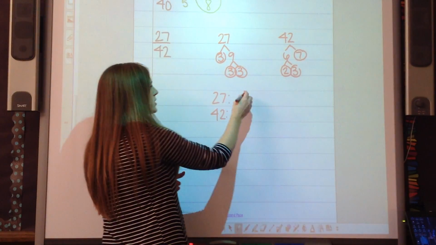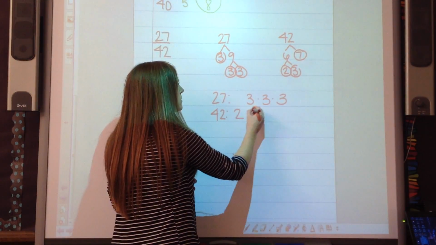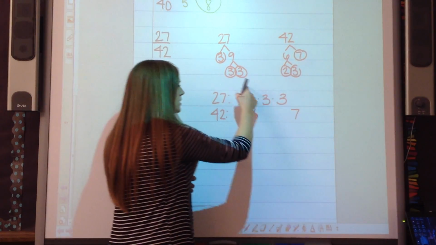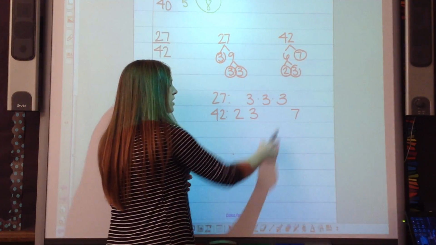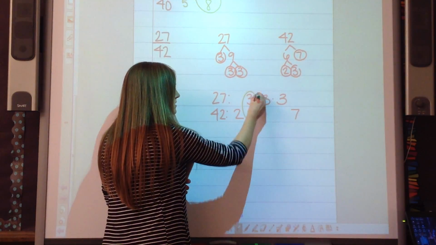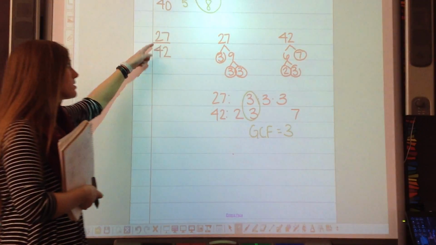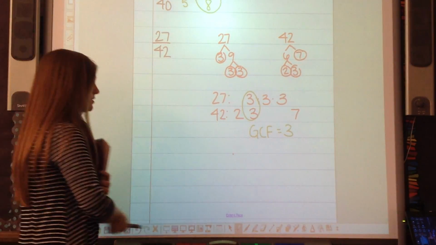Maybe I'm going to start with 27 this time. And here I have my columns. Even though I didn't draw the lines, they're there. My full column is this 3. So my greatest common factor is 3. That's the biggest number that I can divide these two by.